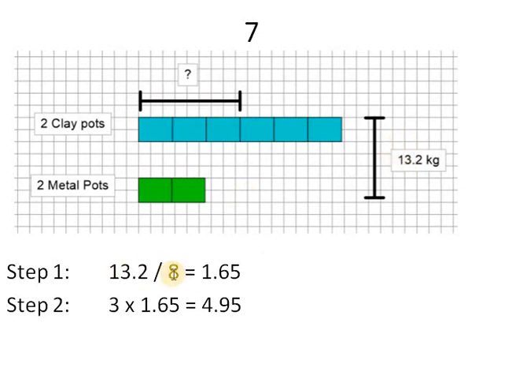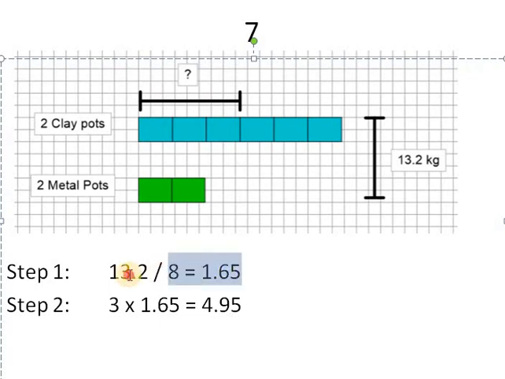So 13.2 divided by 8 is equal to 1.65. Then step number 2 is only this one, the question over here, 3 metal pots. So 3 times 1.65. The thing that you have in step 1, you use it in step 2. That's the simple rule that we can use.